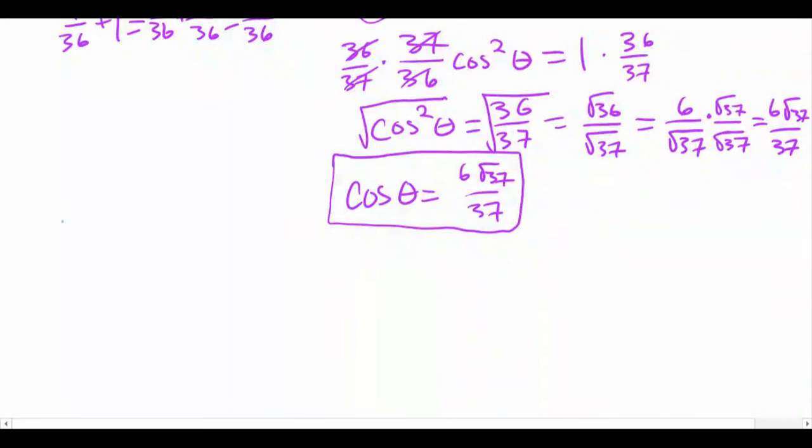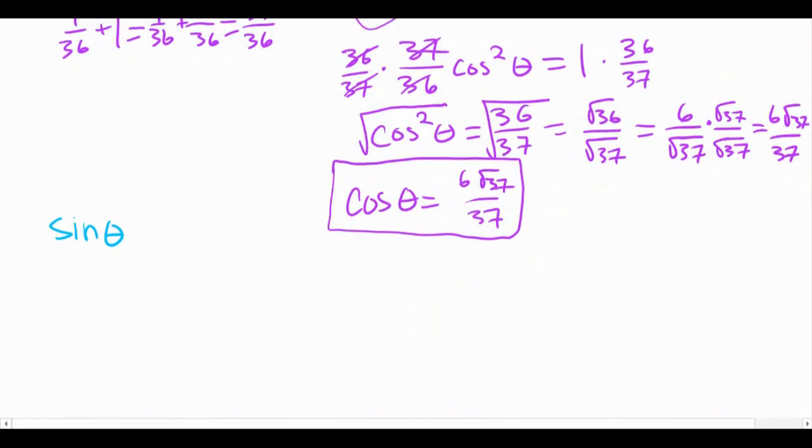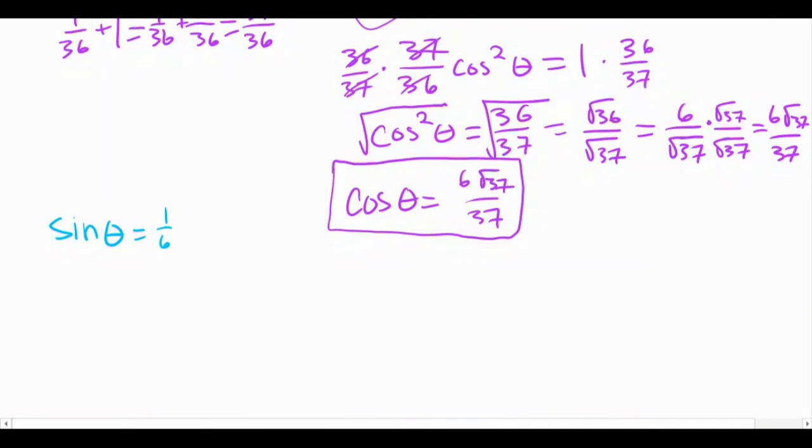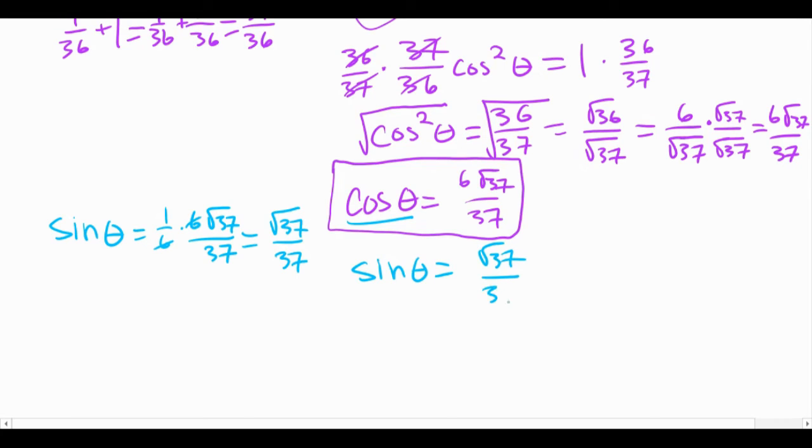So I have sine of theta equals 1 over 6 times cosine of theta, which I now know is 6 root 37 over 37. And if I were to simplify that, the 6's cancel out, and I'm just left with root 37 over 37. So then my sine of theta equals root 37 over 37. And boom, that is what cosine and sine of theta are equal to.